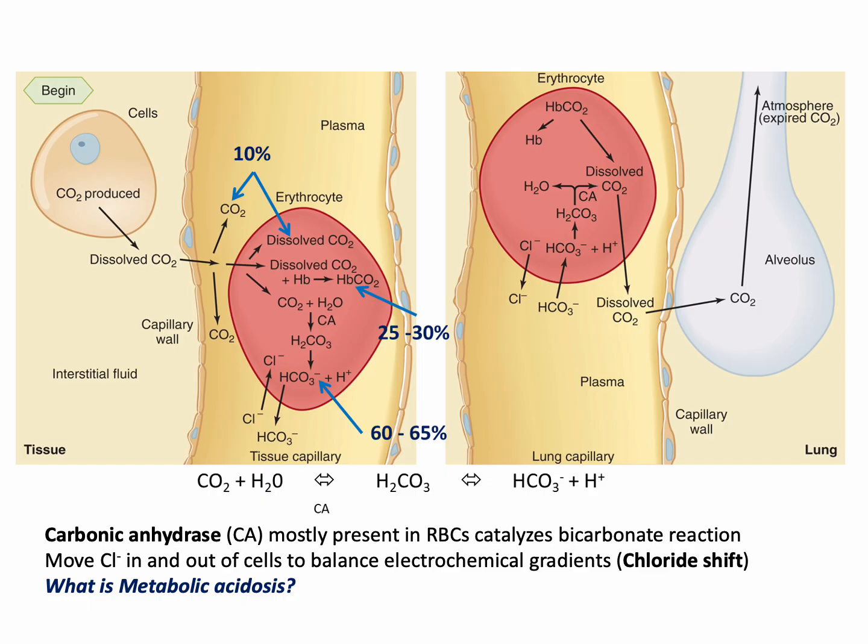Dissolved CO2 at the same time maintains such a high gradient that it would actually rather be in the air, where it doesn't want to be, than be in solution with oxygen. Like they hate each other, right? They hate each other. It's like pro wrestling, like they hate each other like that, right? Like they can't stand to be in the same place. So now CO2 is going to leave and enter into the lungs to be expelled. That's the dissolved CO2 that's going to happen, right?